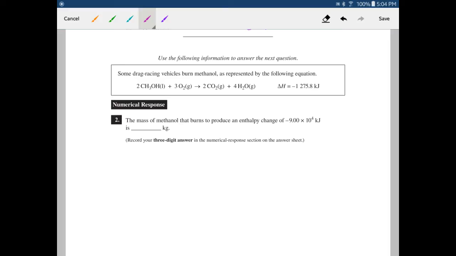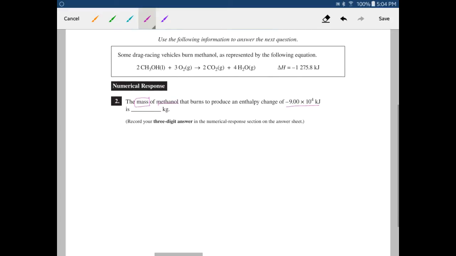Okay, this question says the mass of methanol that burns to produce an enthalpy change of 9 times 10 to the 4 kilojoules of energy is blank kilojoules. Okay, so let's take a look at this equation and see if we can figure this out.